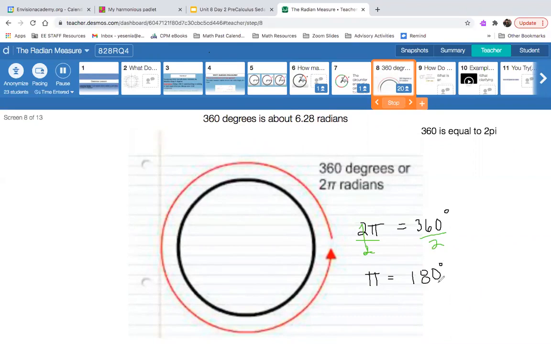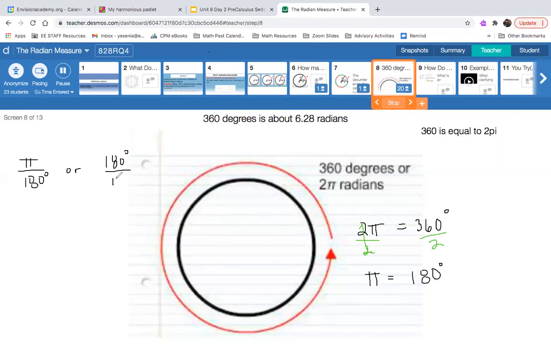How that's going to look is we're going to use either this expression, pi over 180 degrees, or we're going to use 180 degrees over pi. And why do these work?